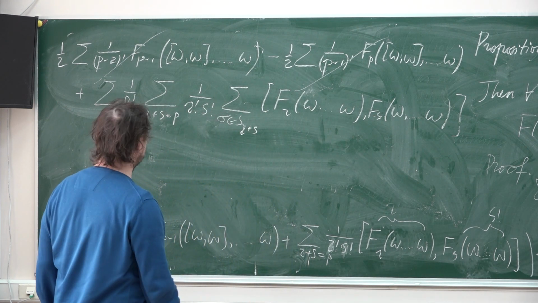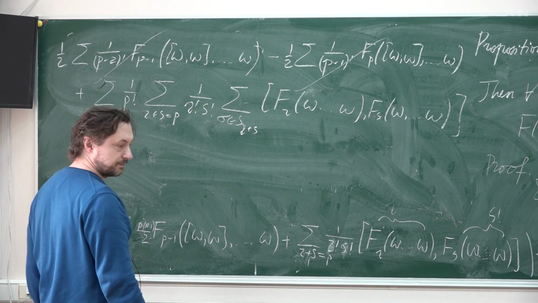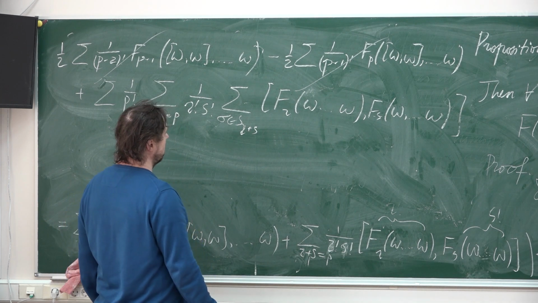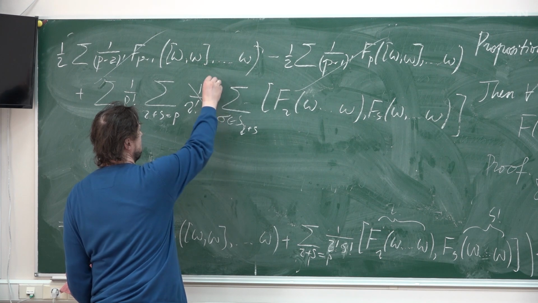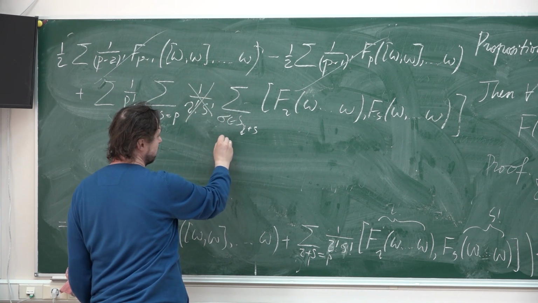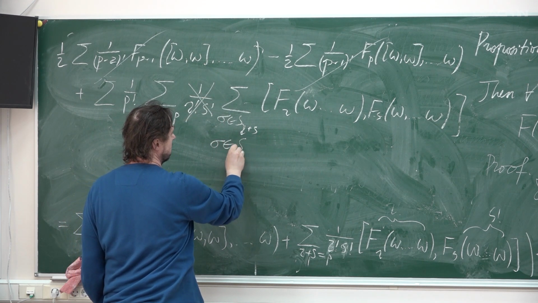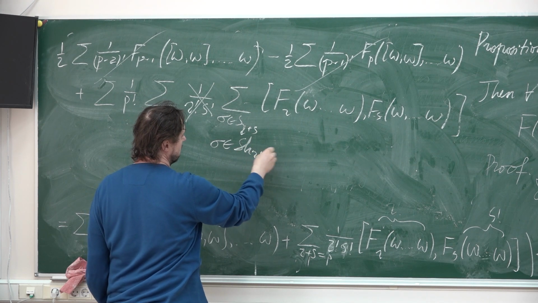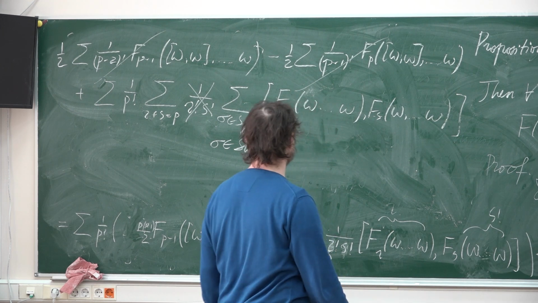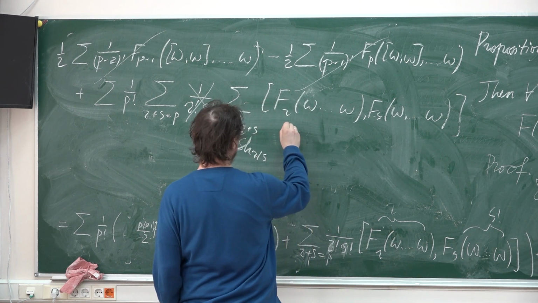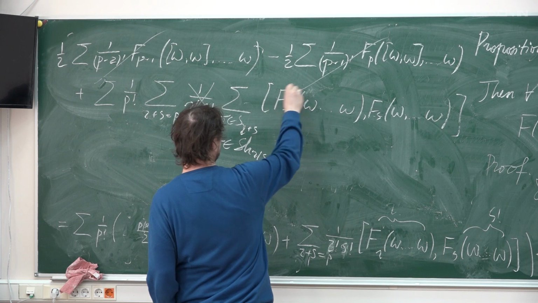I need to take care of this sum finally, right? As I told you, I can actually erase this term and just take all the shuffles of R and S components. And then I have just this.